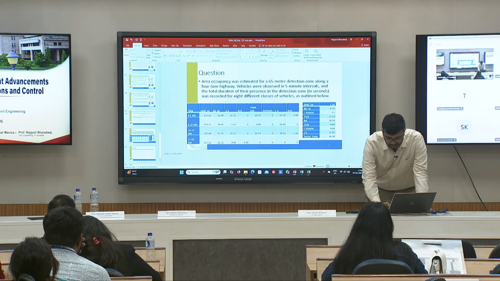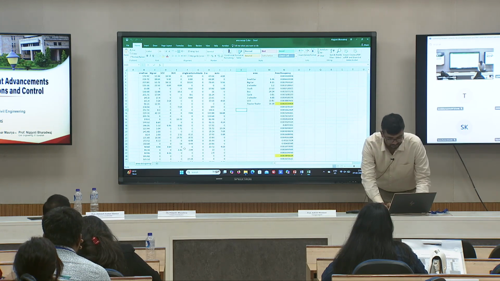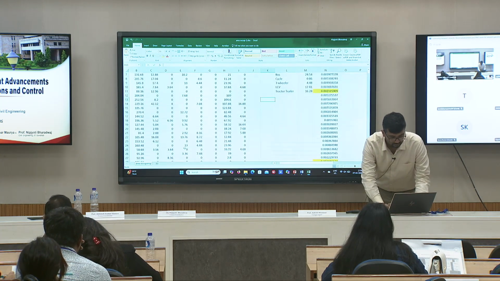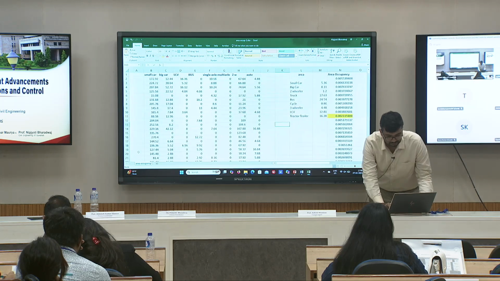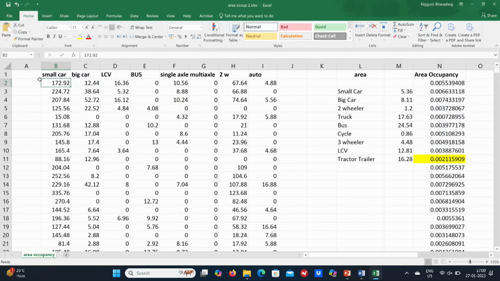Now, if we estimate the occupancy, this is done for the first 5 minutes. As you can see, this row is done for the first 5 minutes.